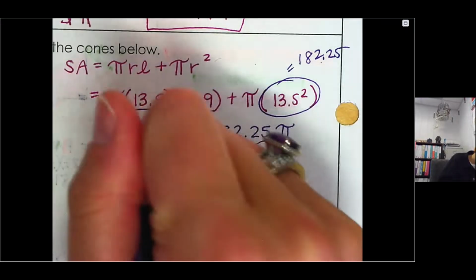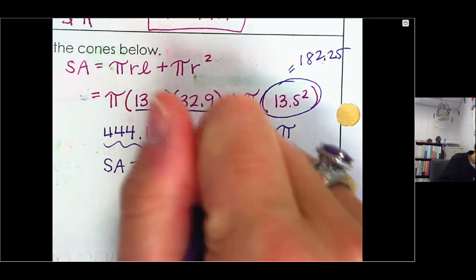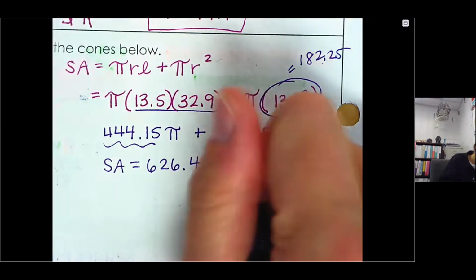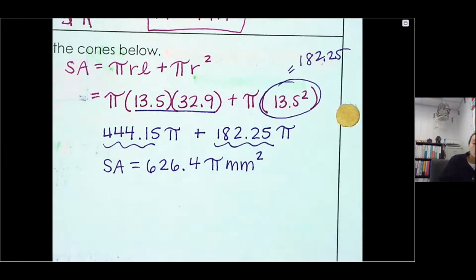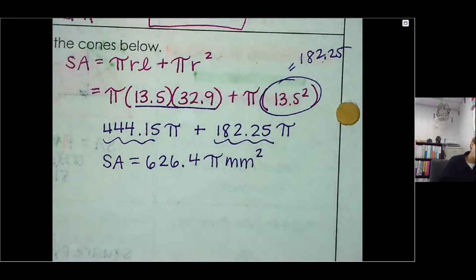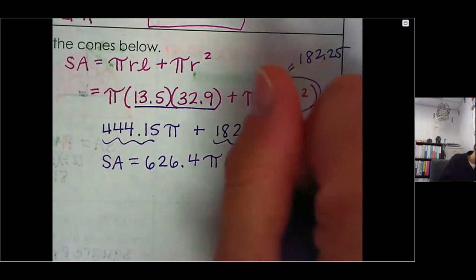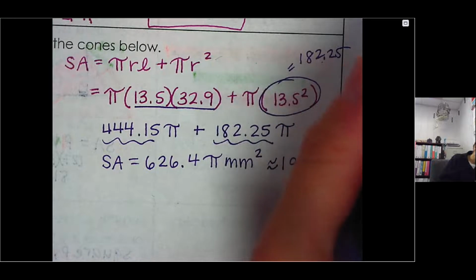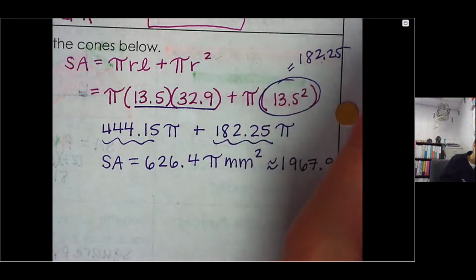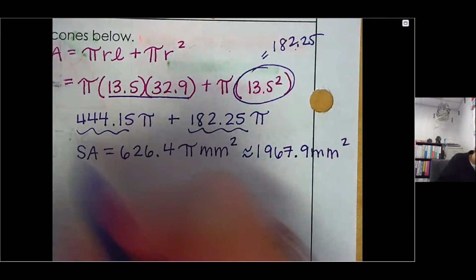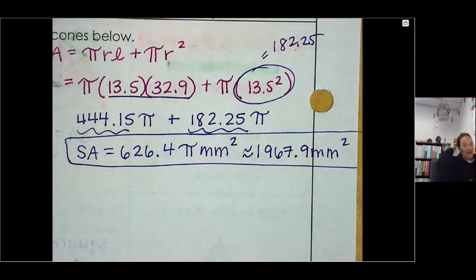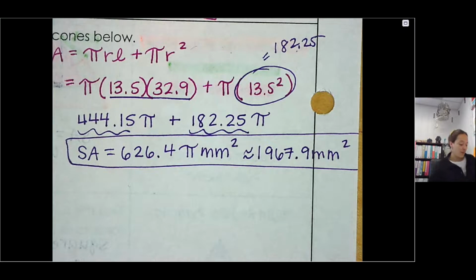And I get that my surface area is 626.4 pi millimeters squared. Or if you wanted to actually put that into your calculator and make it a rounded answer, it's about 1,967.9 square millimeters. If you want an exact answer, again, I say make sure you know how to do it, because that's probably going to be on the test.